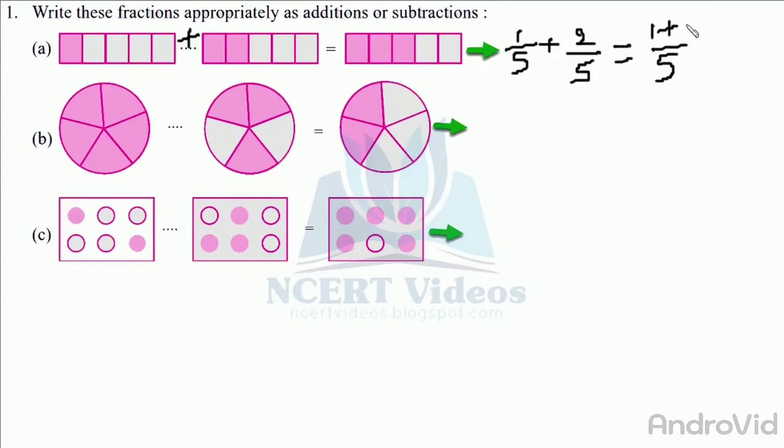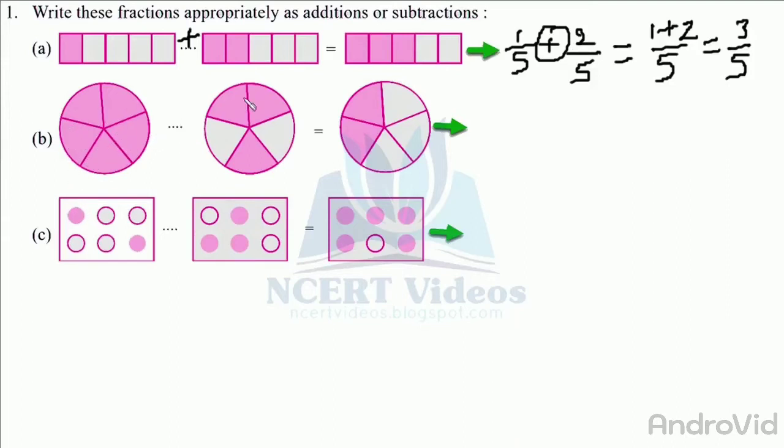That is 5 ones are 5, gives 1 plus 2. So we'll write 2. Summing it up, we get 3/5 as the answer. Or pictorially, we can say 3 parts are shaded out of 5. That is what fractions are all about. So here in the first question, addition has been done.